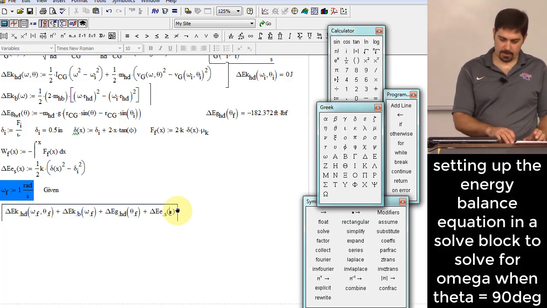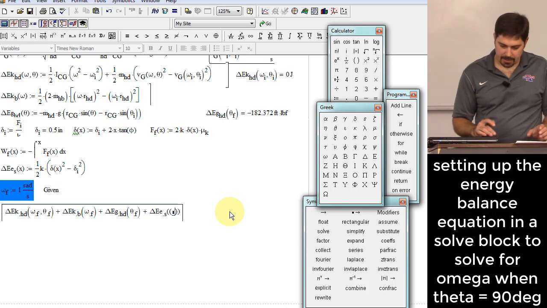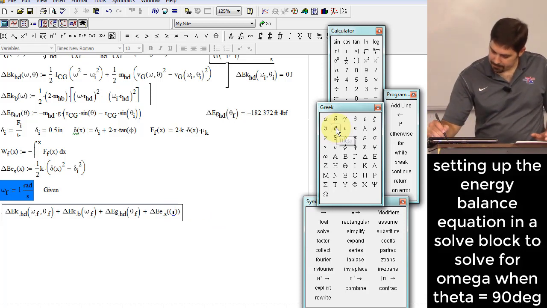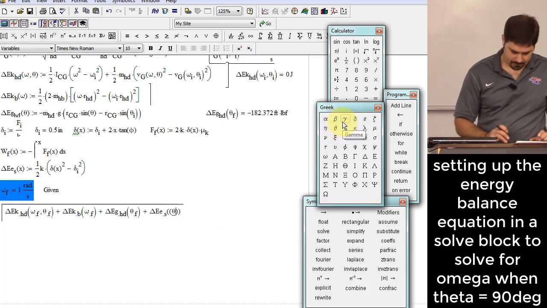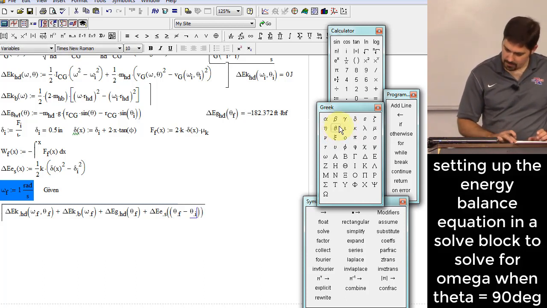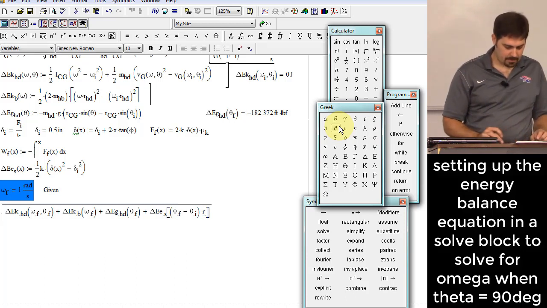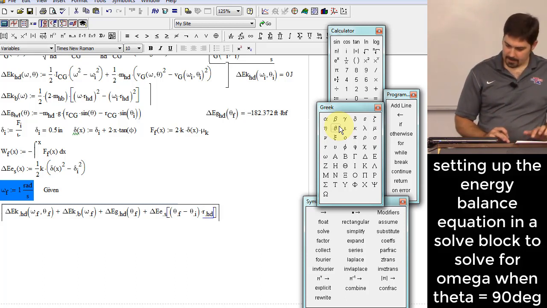And here's how that works. Okay. What we'll do is we'll put in a theta f, okay, minus a theta I, and we'll take all that and multiply it by r of the half disk.